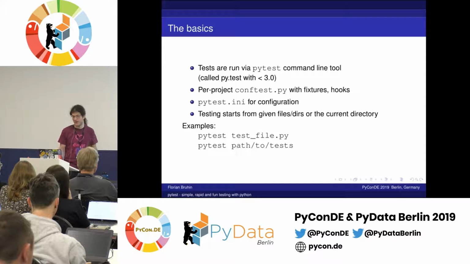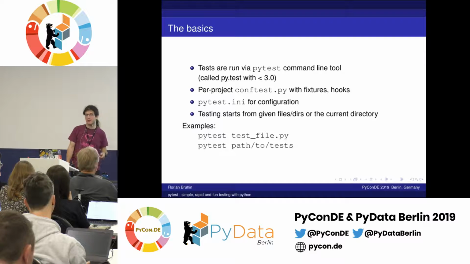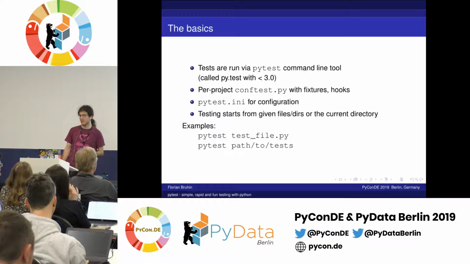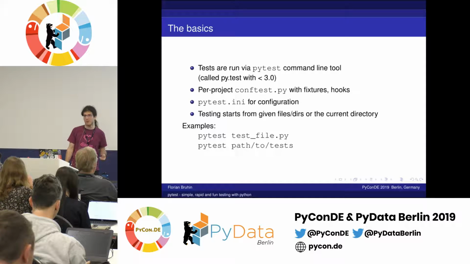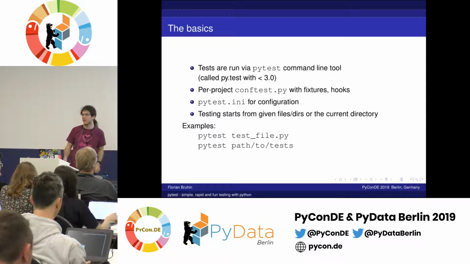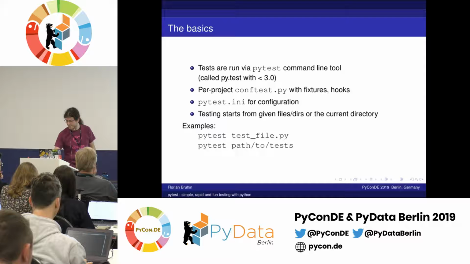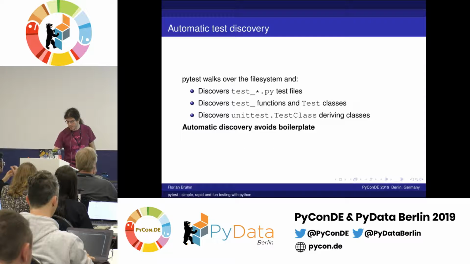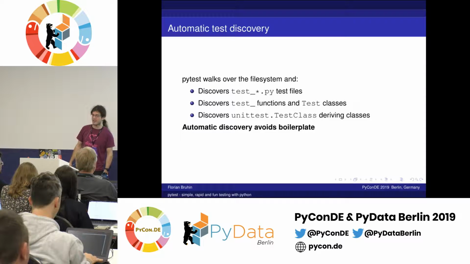If you just run PyTest, it will run any tests it auto-discovers in the current directory, or you can also pass a file or a directory to it, and it does what you would expect. It collects all tests from there. So how does it discover tests exactly?